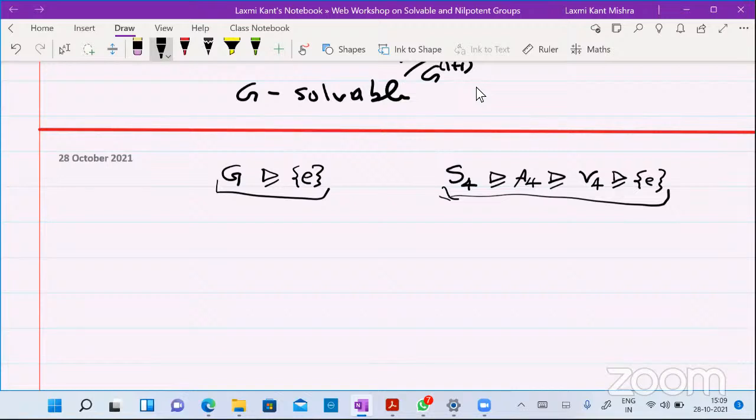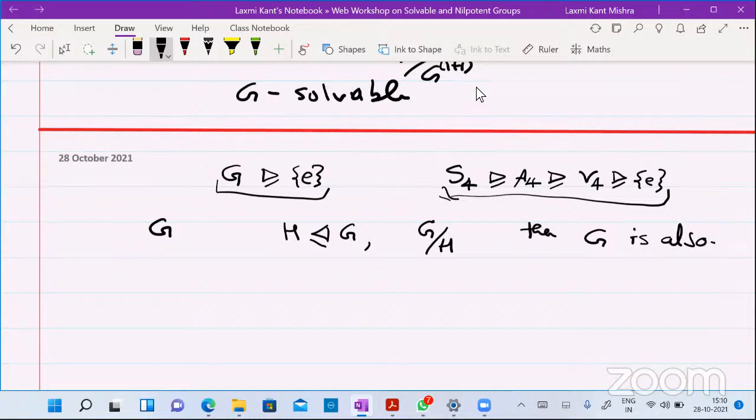Okay, so now let us move to some more results and examples. Yesterday I told that if H is a soluble normal subgroup, and G by H is also soluble, then G is also soluble. Now we are going to some more results.